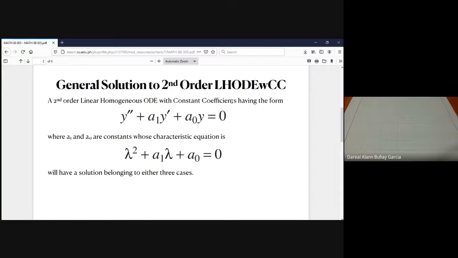Okay? Homogeneous because 0 ang right-hand side. Kaning a sub 1 and a sub 0 are both constants, and whose characteristic equation is this one.